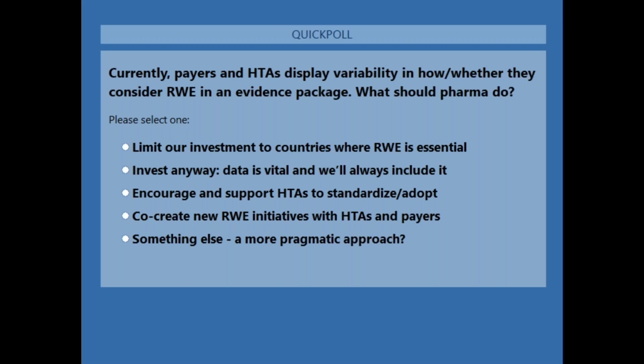Should we actually be campaigning, working with regulators and HTAs, supporting them to standardize, to adopt, and to indeed ensure that that variability is not quite as high? Do we need to find and co-create new RWE initiatives, just like how Carolyn was describing, with HTAs, payers, and indeed regulators? Or perhaps something else that I've not written on my list. Perhaps you do nothing. Perhaps you take a more pragmatic approach.